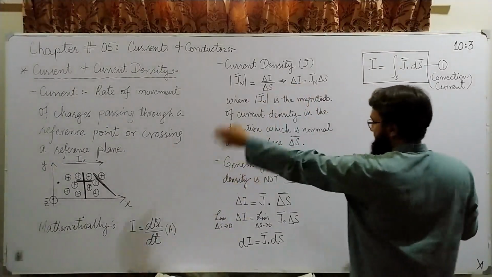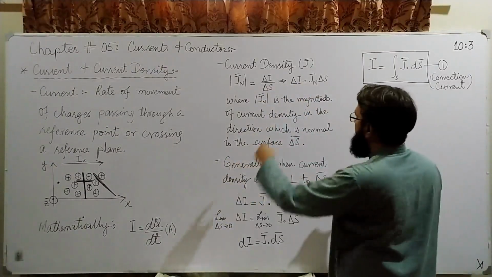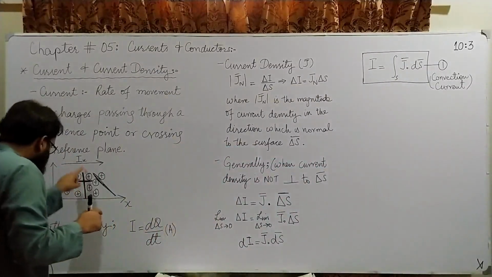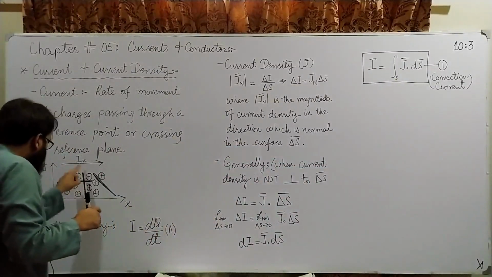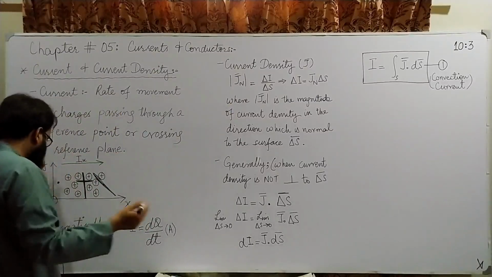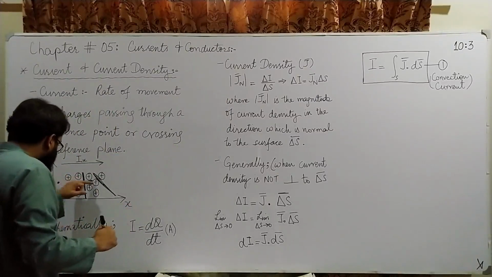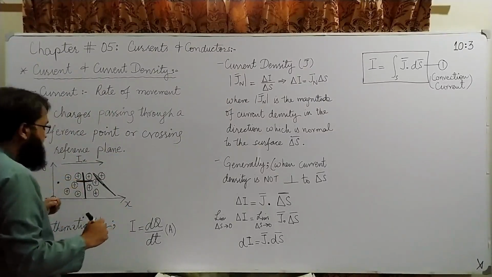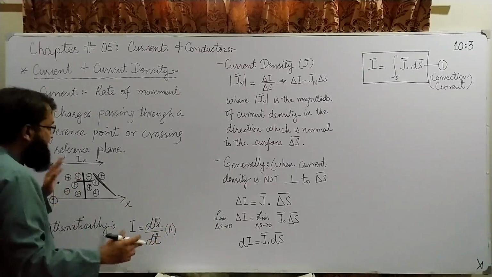So for such cases, we know that we use the dot product. For this plane of observation, current density is Jn, and current is non-zero, maximum. For this plane of observation, current density is non-zero but current is 0.